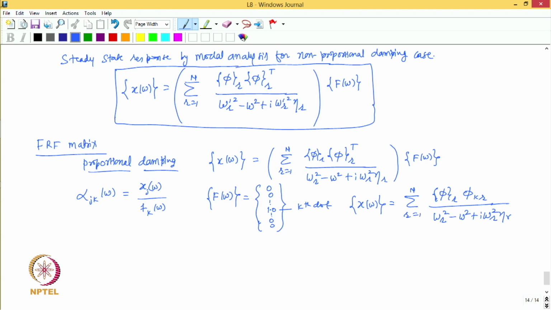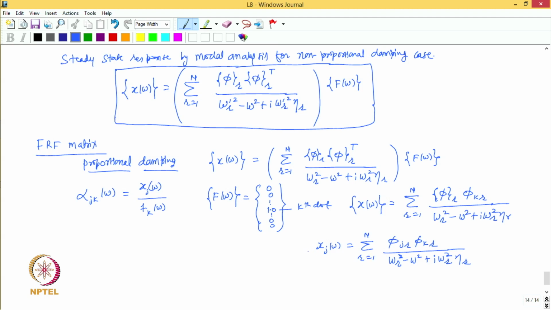If I am interested in the displacement at only the jth coordinate, we can obtain that from this vector simply as phi j r phi k r divided by omega r square minus omega square plus i omega r square eta r, with r varying from 1 to n.